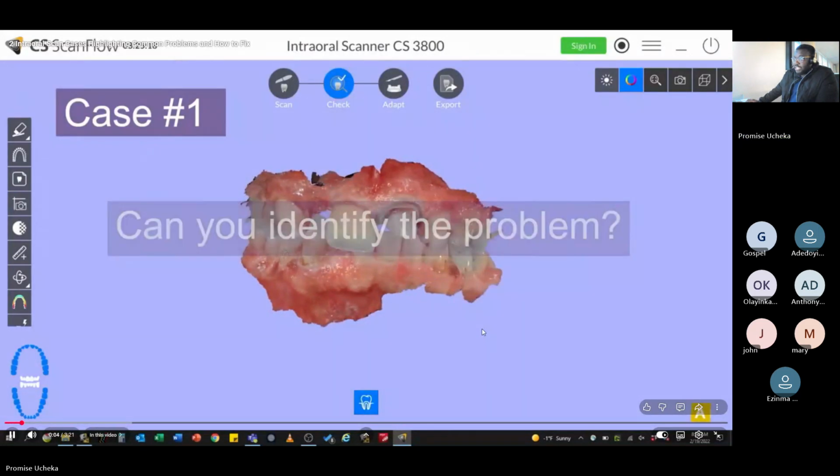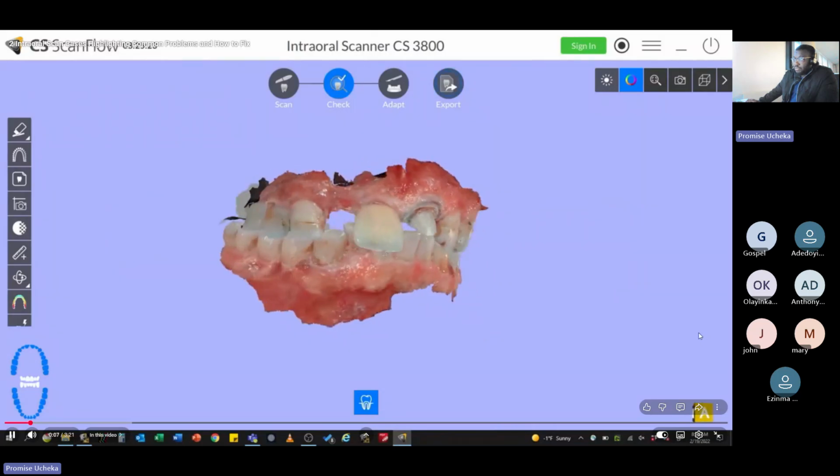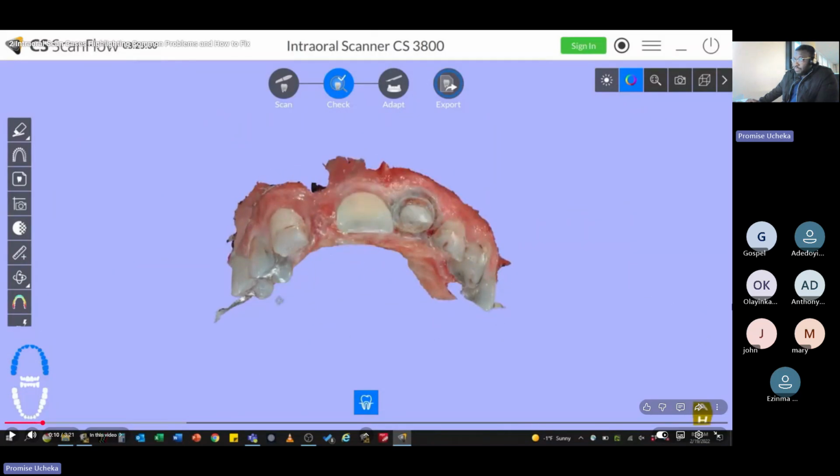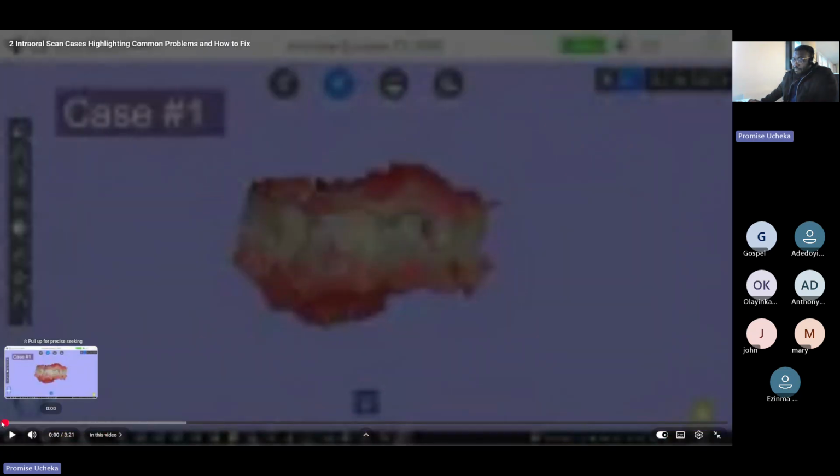So can you look at this picture and identify the problem? Do you see any problem with this scan? Just watch closely and see if you can identify any problem with the scan.